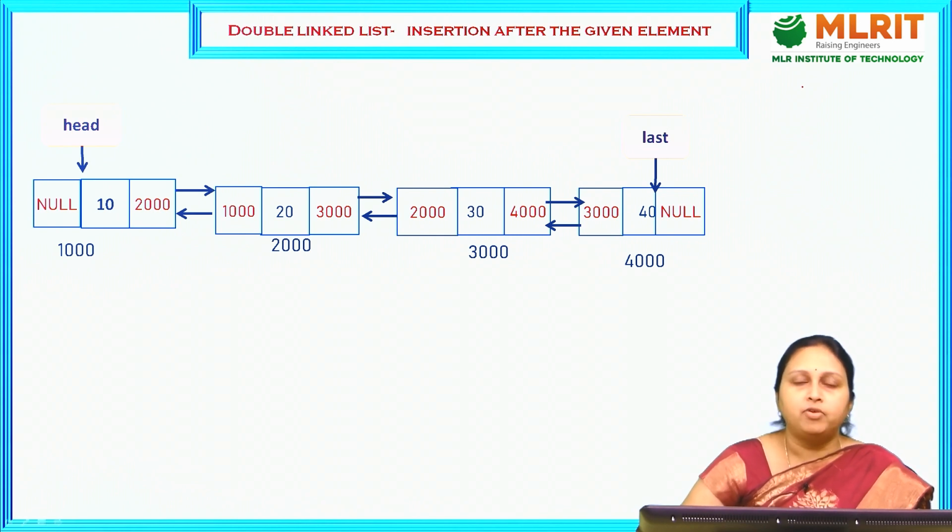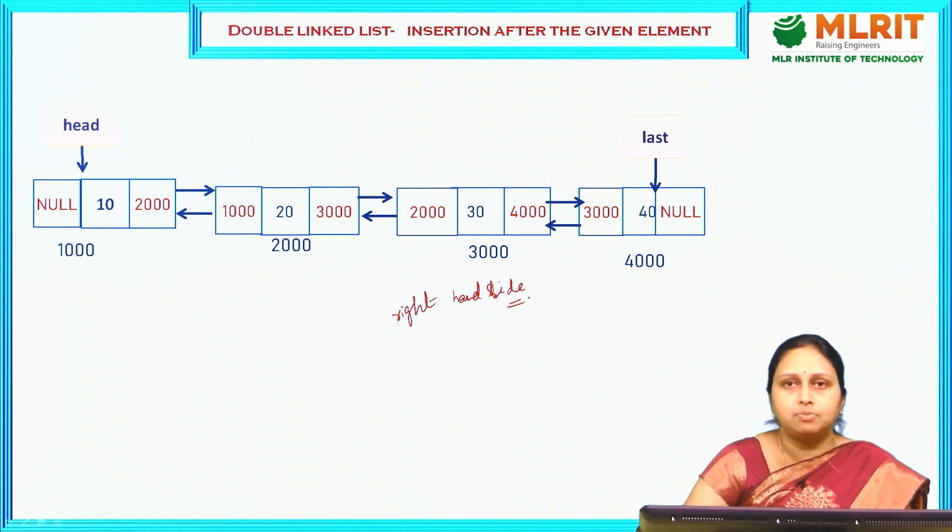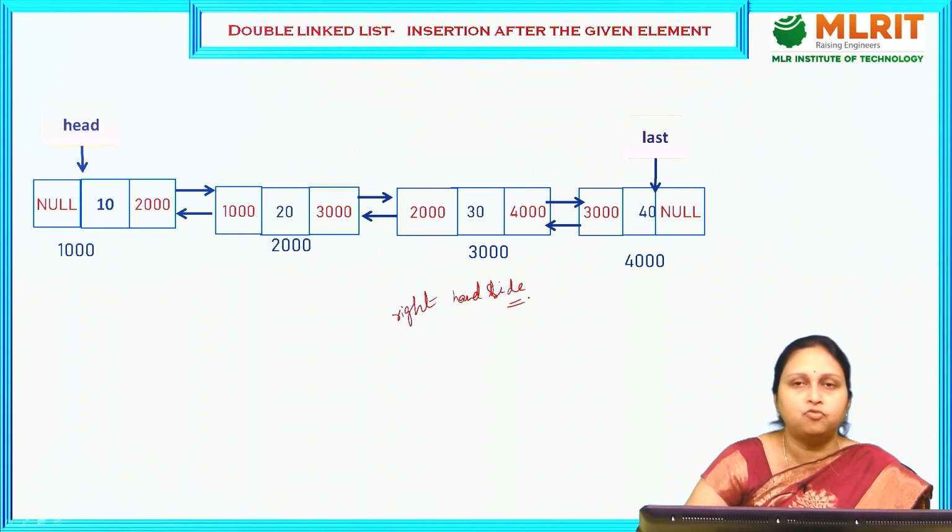That's why when you make the connections, first do it on the right hand side. Remember this, first make the connection on the right hand side. Why? Because we should not lose any memory address. Because of that, we make the connection on the right hand side, followed by the left hand side connections. Okay, let us see in detail how we make the connections, right?